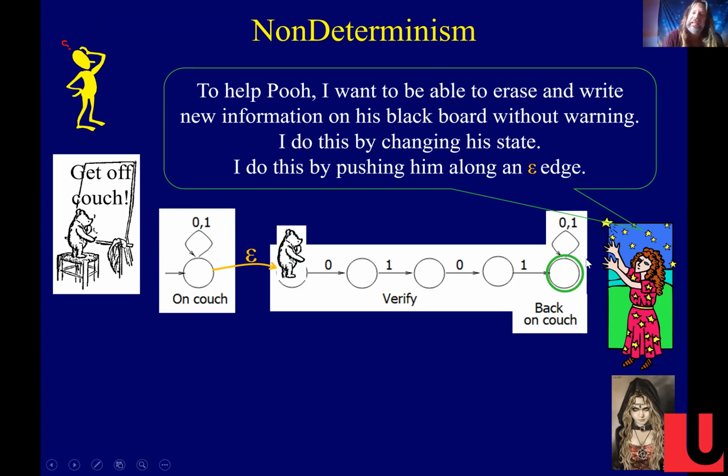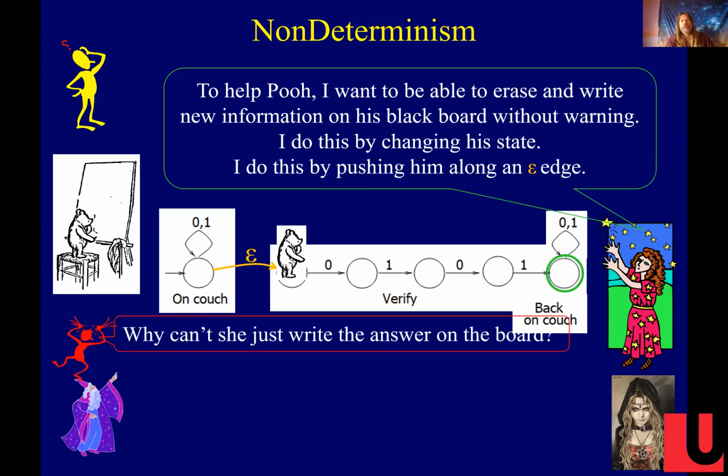So what I am saying here is when you're telling the story at the beginning, talk about her writing some message on his blackboard. And then when we convert it over to a machine, we're going to do it by putting in these epsilon edges, right?